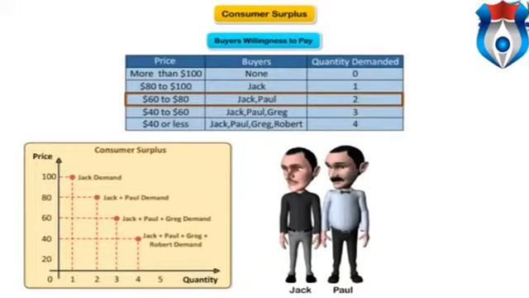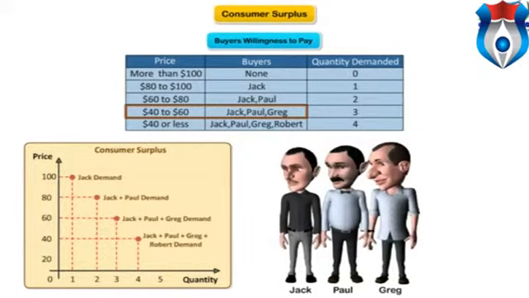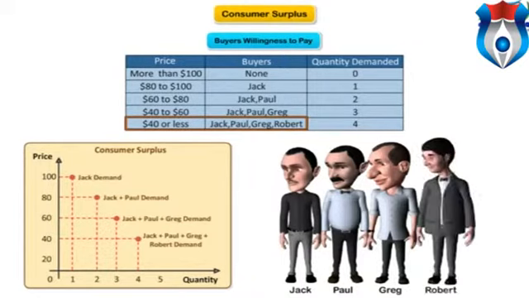For the price range between $40 to $60, Jack, Paul, and Gray are ready to buy and the quantity demanded is 3. For the price less than $40, all the buyers, Jack, Paul, Gray, and Robert are ready to buy and the quantity demanded is 4.